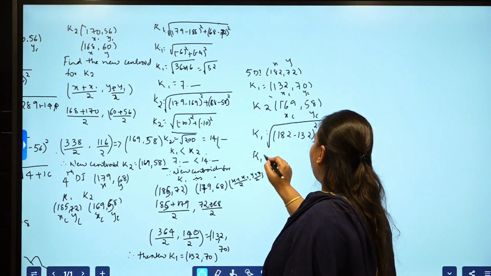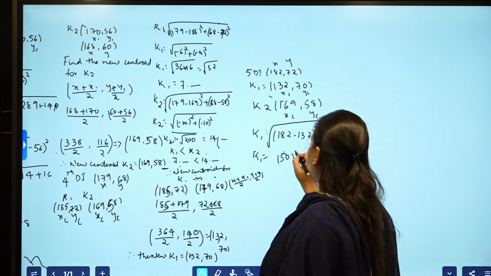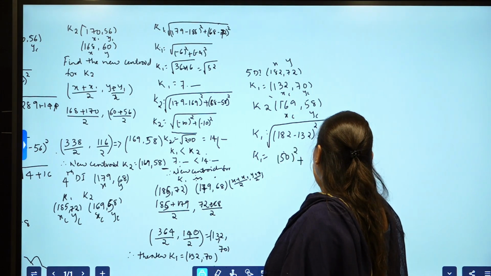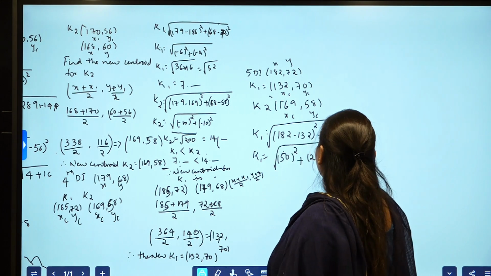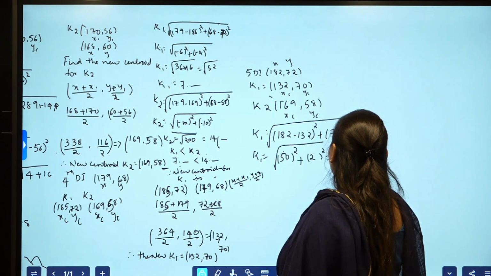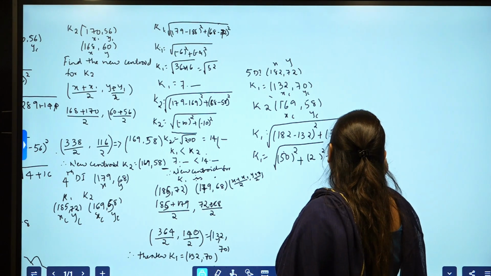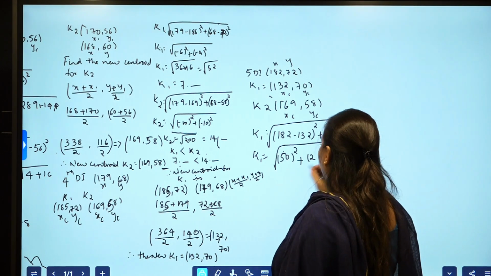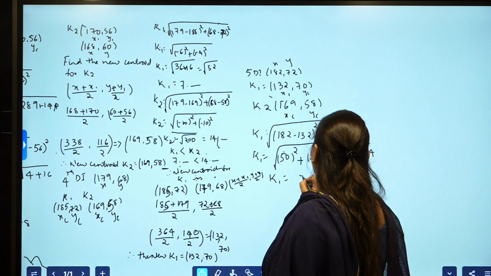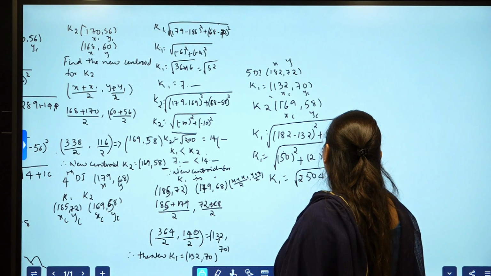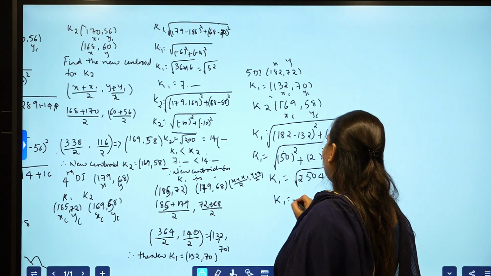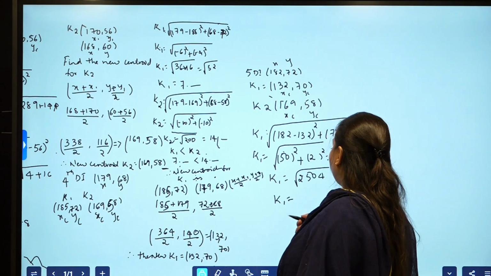Done. Now K1 is equal to 50 whole square plus 2 square, which is nothing but 50 square is 2500 plus 4. So K1 is equal to 2504. So K1 is equal to your nearest value.